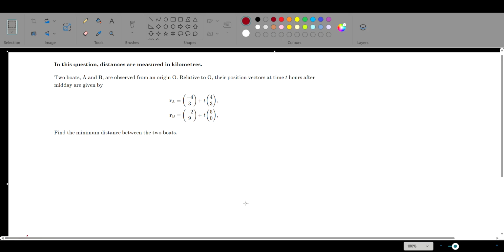One good point is that both of them start from the origin, so this is a good point for us. It's not too complicated. Their position vectors at time t after midway are given for boat A and boat B like this, and we are looking for the minimum distance between these two boats.